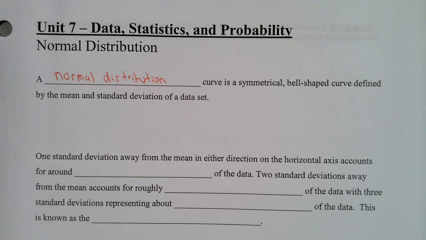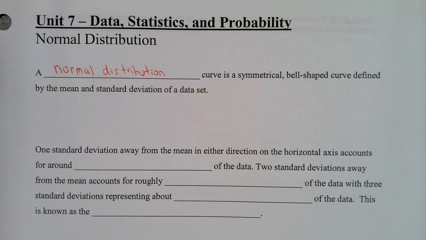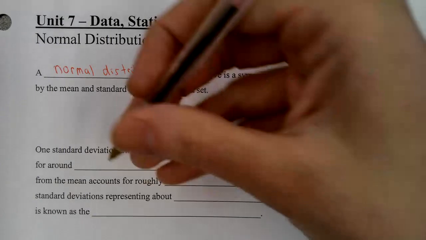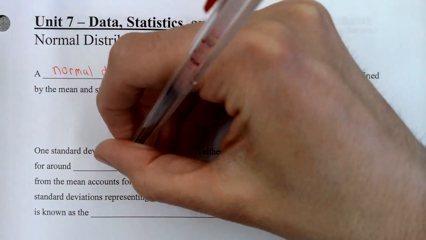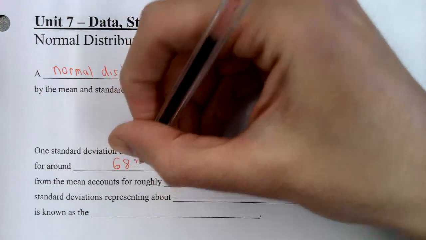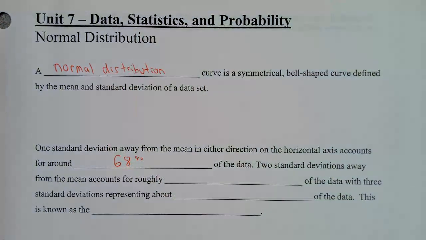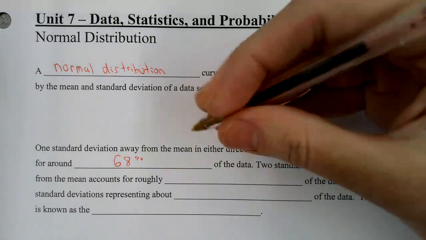So one standard deviation away from the mean in either direction on the horizontal axis accounts for approximately 68% of the data. Two standard deviations away from the mean accounts for roughly 95% of the data.